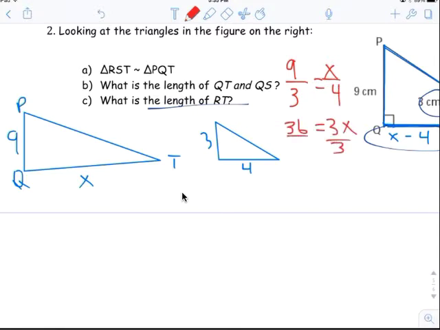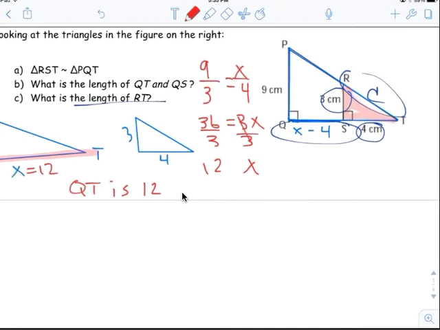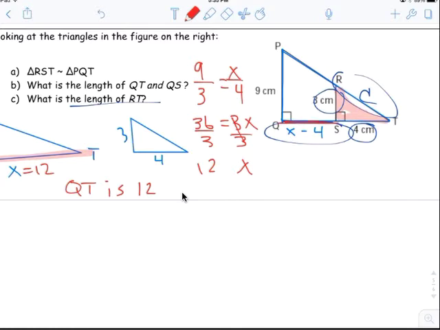Divide by 3. X is 12. This is 12, which is the length of QT. So therefore QT is 12. QS then is 12 minus 4, which is 8.